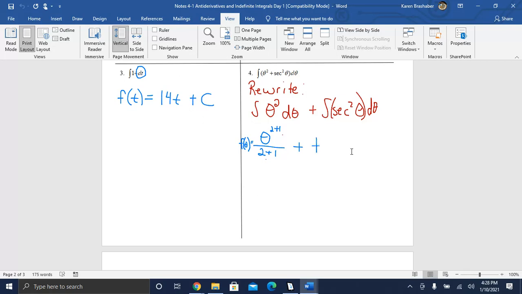Well, that would be tangent of theta, and then plus your constant. So just simplifying, f of theta would equal theta to the third over 3 plus the tangent of theta plus c.